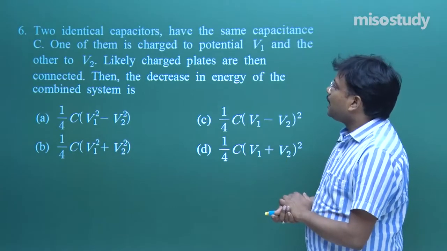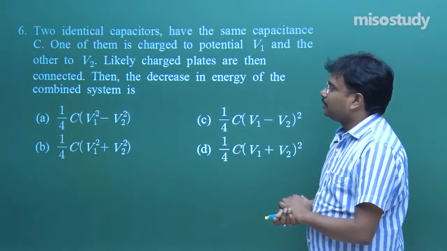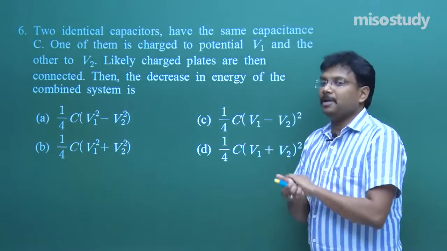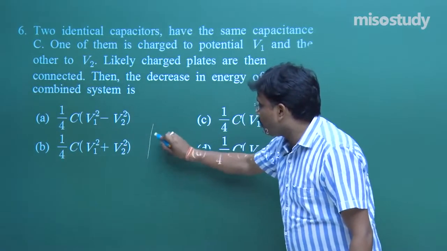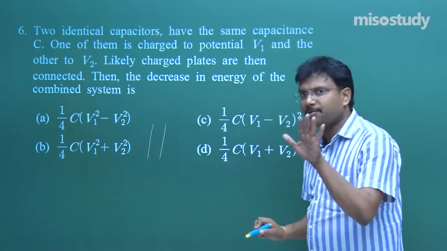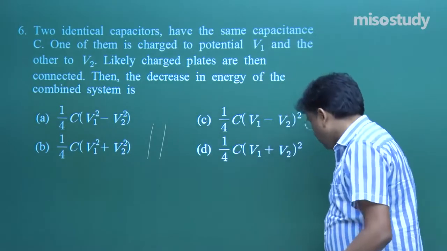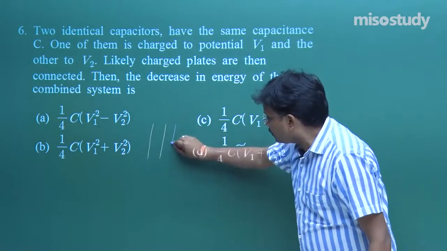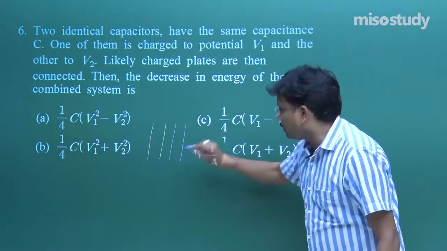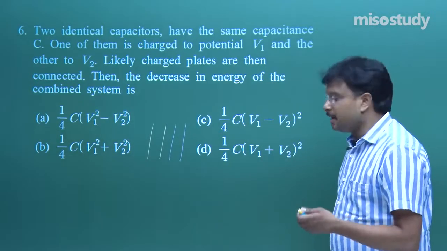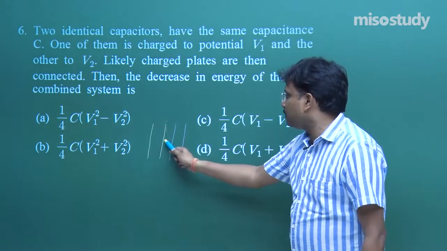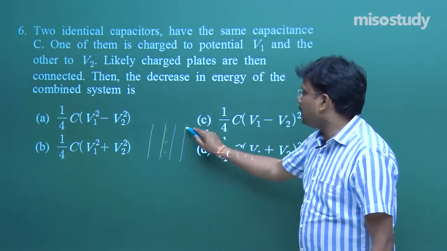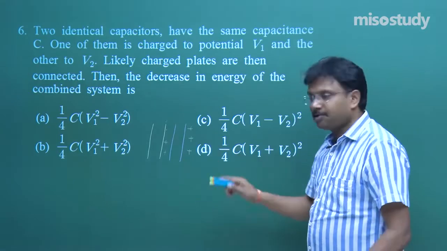Now, like charged plates are then connected. What is the meaning of this? Let me explain. Let us say this is one capacitor, just a symbolic representation, and this is another capacitor. Like charged plates means, let us say this plate is positively charged, and this one is positively charged separately.